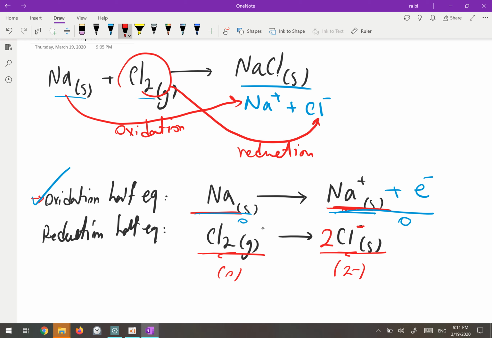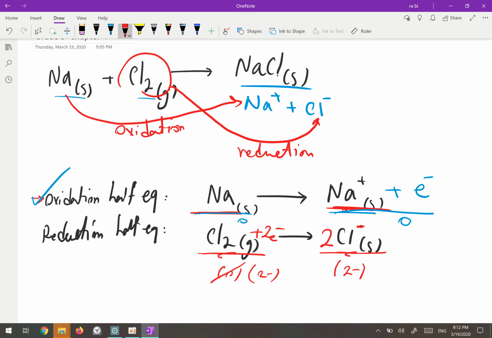You must make them equal. As I said, you have to add the electron to the side which has more positive charge. Here the charge is 0, here the charge is negative 2, so you must add 2 electrons on the left. If you add 2 electrons, the charge at the left side would be negative 2, same as the right side. So this one is the correct reduction half equation.